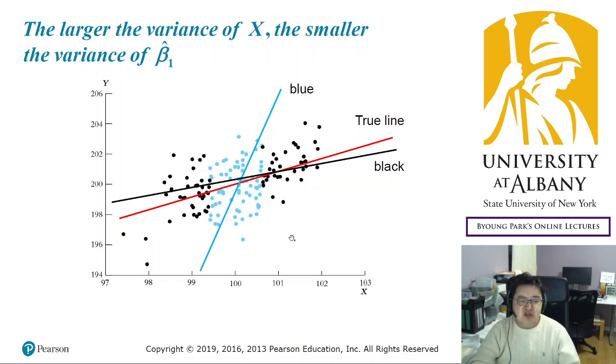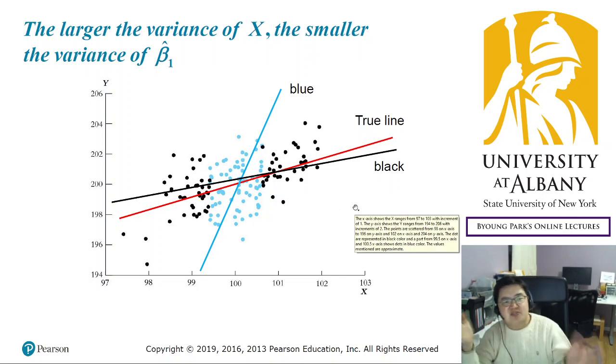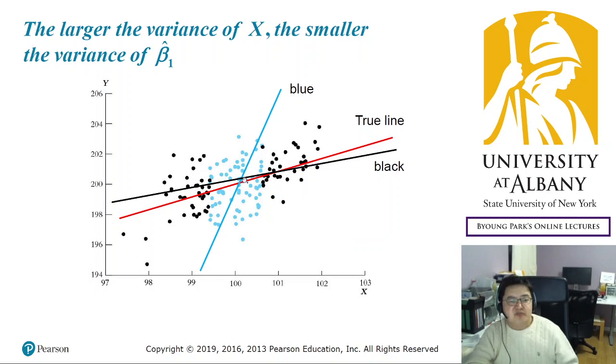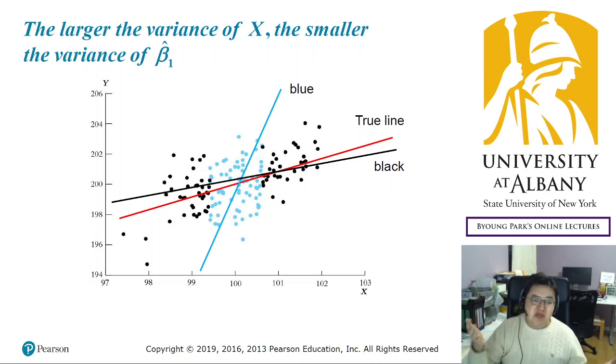So this is why having variation across x, having variation across student to teacher ratio, is important. In an extreme case, if you never observe any variation, for example, suppose that all the school districts have the same student to teacher ratio, say 20, then you will never be able to calculate the effect of increasing or decreasing the student to teacher ratio to say 19, because you never observe 19.